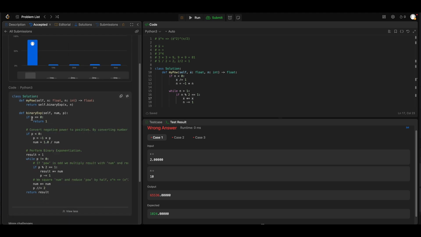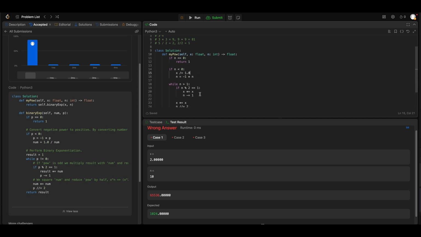Right, so the actual solution should be like this: if p is equal to 0, return 1. I guess we haven't done that, but let's do that. Then n is less than 0, then we converted our power to positive, then we divided our number by 1, which is 1.0, which is, I guess, the same thing.